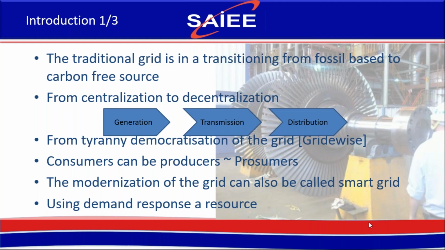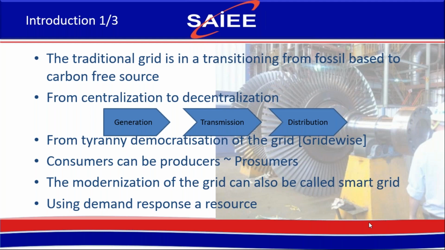So we are moving in a direction where you can buy electricity everywhere from anyone. So consumers can become producers. If you've got a solar panel on your roof, you can actually sell that power. So now you are a consumer, but you can also be a producer.